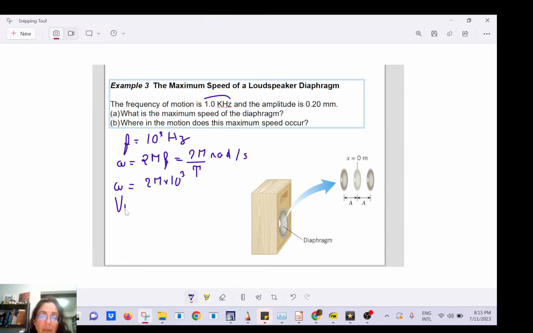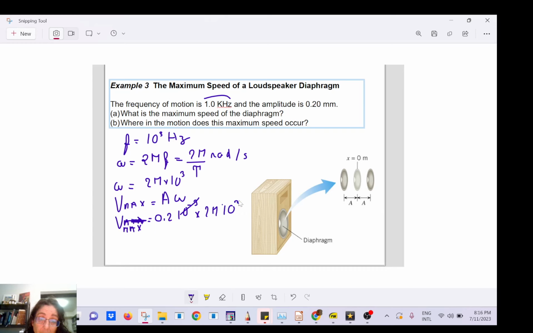Okay, so Vmax, it's going to be the amplitude times omega. So Vmax, it's going to be, I'm dyslexic here, the amplitude, which is 0.2 millimeters, 10 to the negative 3, times 2 pi times 10 to the third.